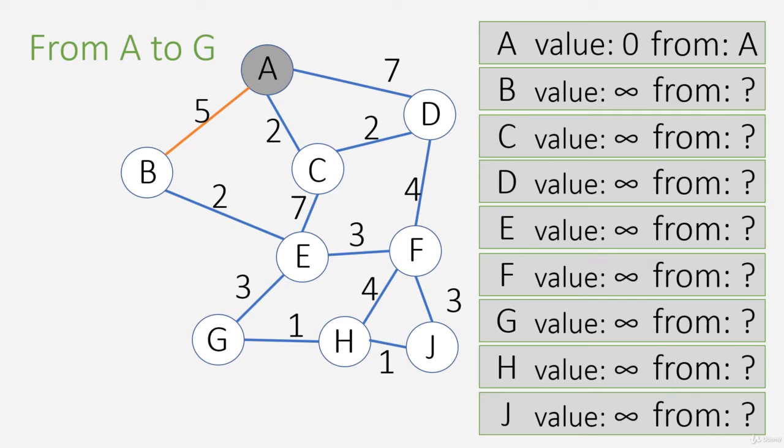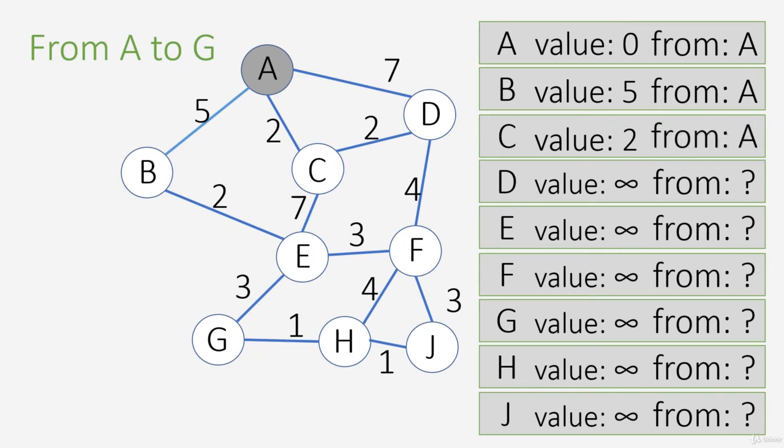So I will change the value of B in the priority queue and also set the node from which I got here, and that is A. I can also go to C and it takes me 2, so I will change the value of C from infinity to 2, and I will also move C above B in the priority queue because this priority queue is sorted. This is actually an important step because then we are always taking the first node from the priority queue, and that is why we are looking at the faster path first.